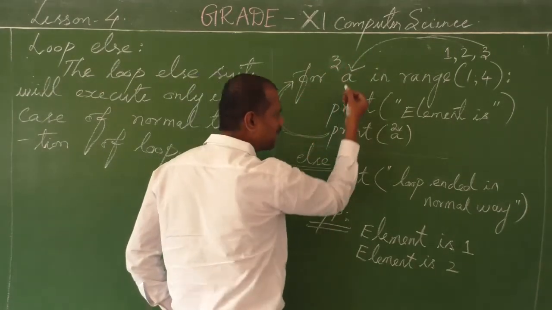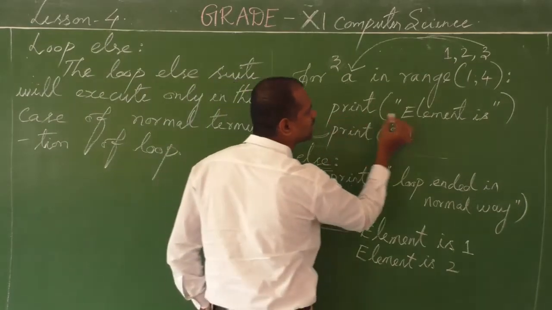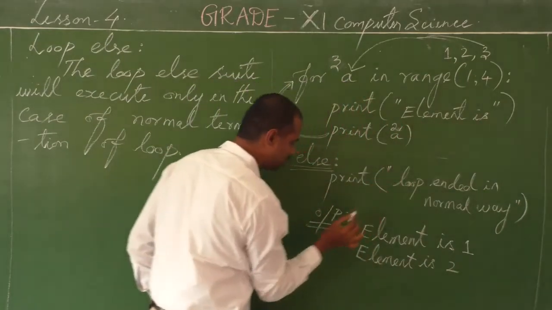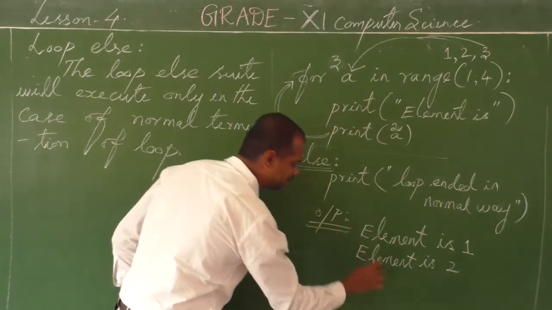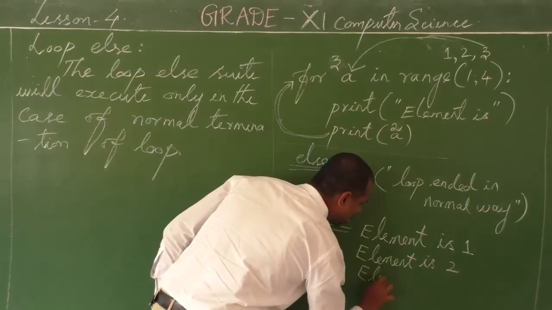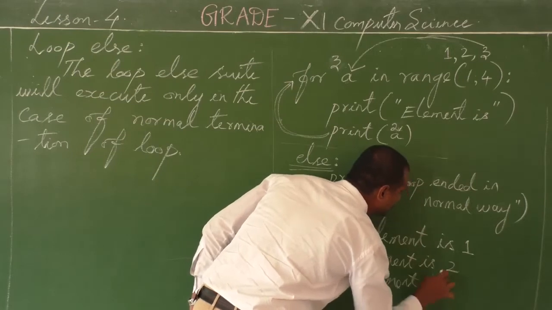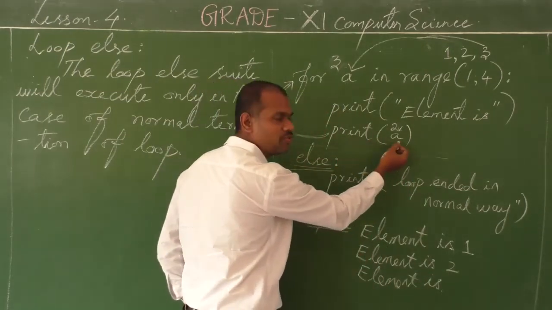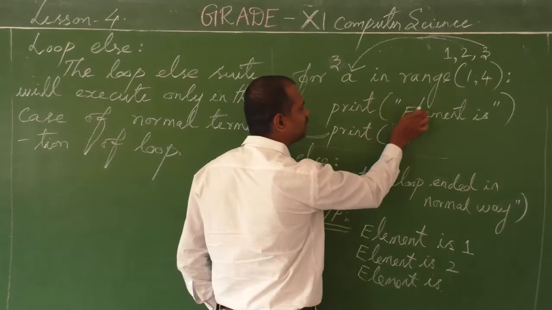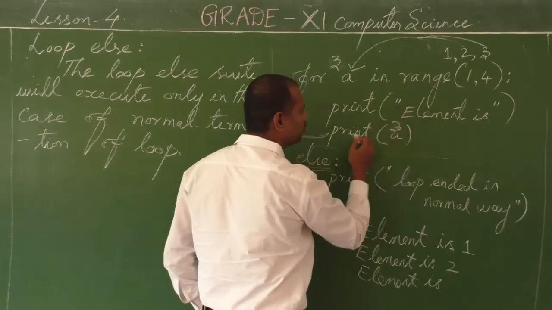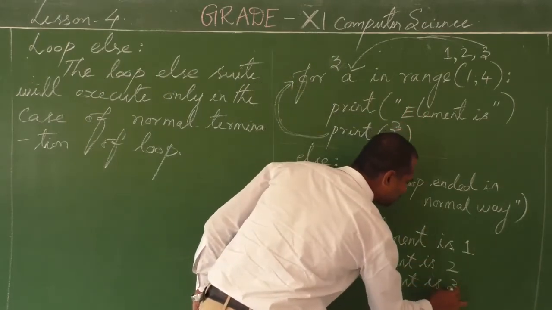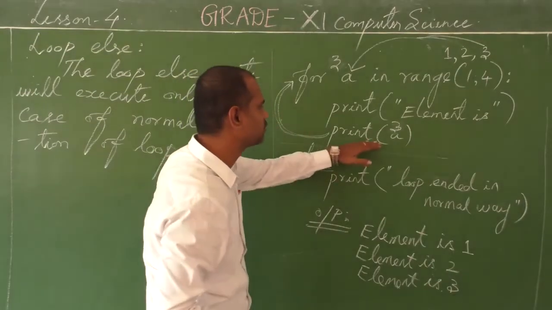Then it will come inside. Print element is. That means the output is element is will be printed. Then print the value of A. What is the value of A? It is nothing but 3. So element is 3 will be printed. This is all okay.